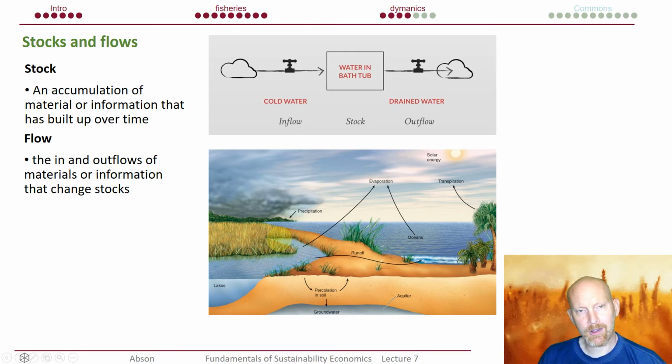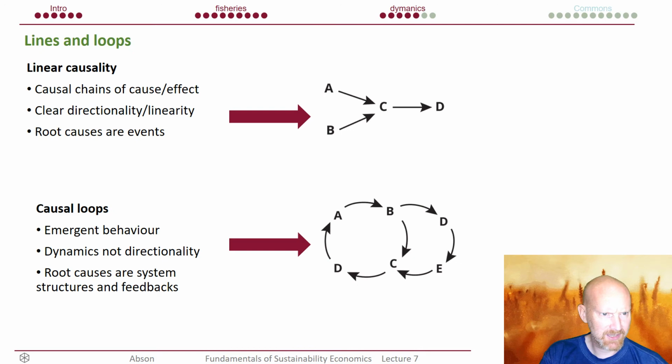We'll come back to stocks and flows again when we talk about more ecological economic perspectives later in the semester, because they're important for understanding ecosystem services, critical natural capital, and strong and weak sustainability.